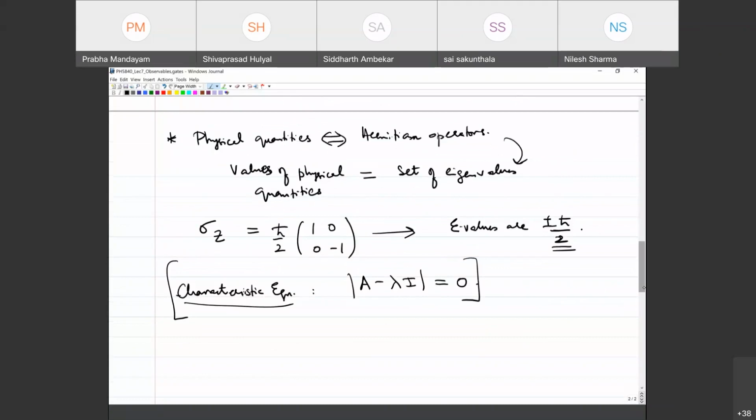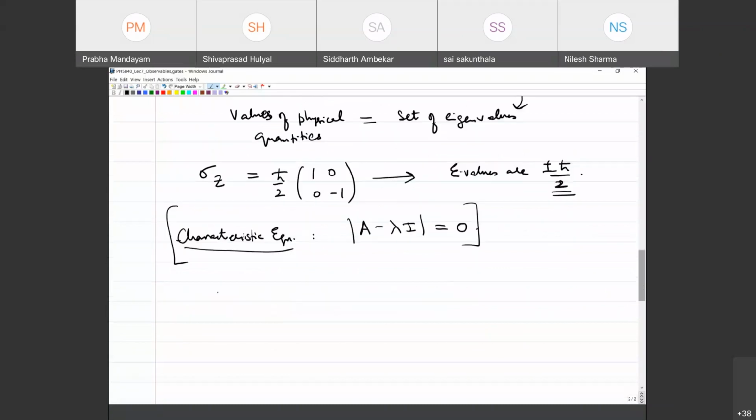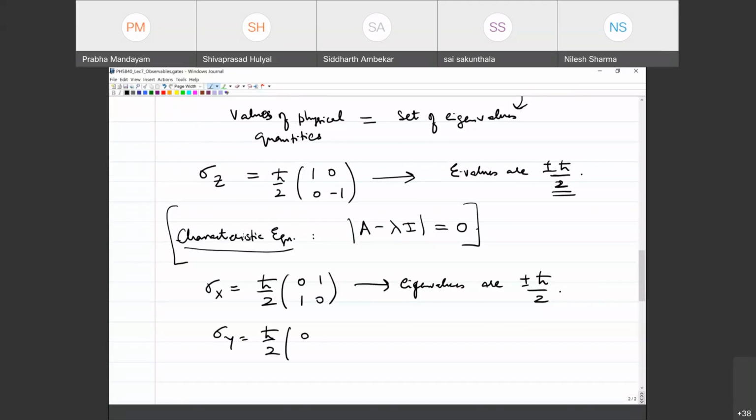All right, so now you will notice that in fact, all of these spin matrices have the same set of eigenvalues, okay? All of these eigenvalues are indeed plus minus h bar by 2. Same.